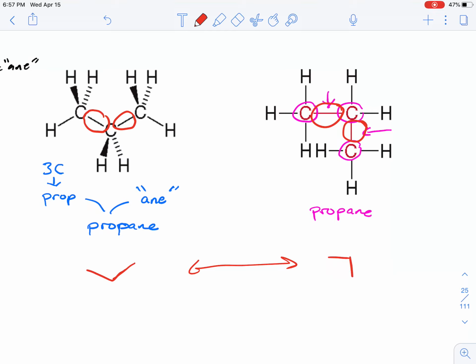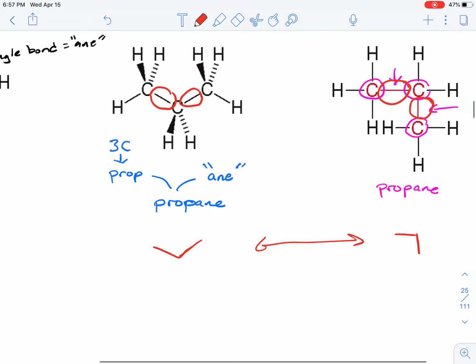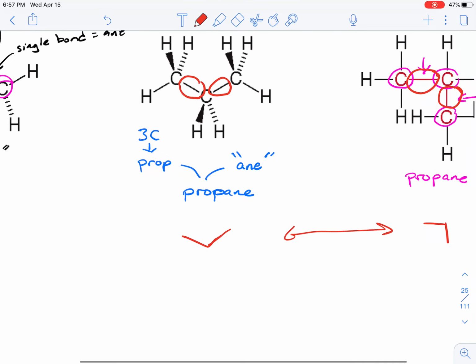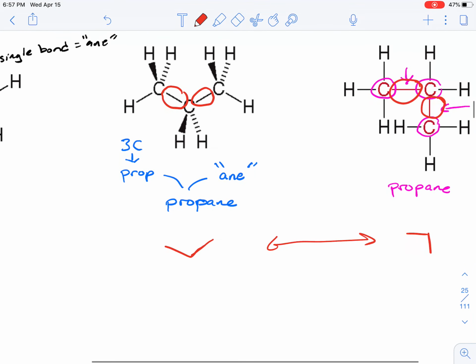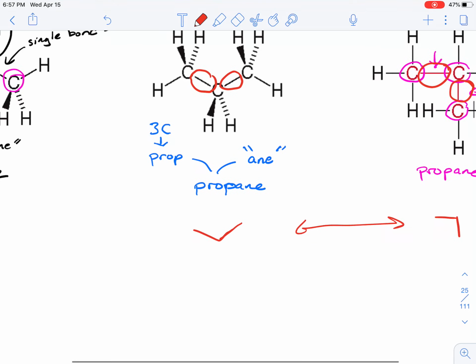The only way that your skeletal structure can be wrong is if you do not put in the correct number of carbons, or you don't have the correct number of vertices, and the bonding is incorrect, or the number of heteroatoms that's found is incorrect. Okay? So you always want to double check to make sure that your skeletal structure truly does reflect your expanded structure, and so forth.